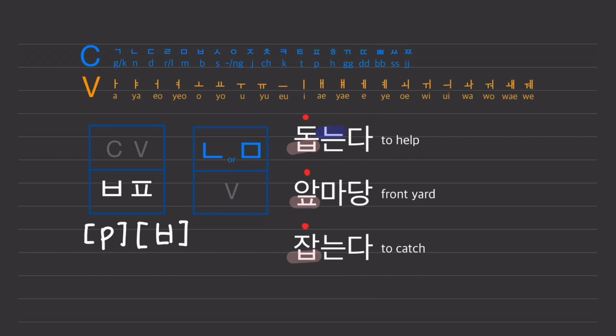And when it's followed by n or m sound, they assimilate to m sound. We read them as 돕는다 instead of 돕는다. 앞마당 instead of 앞마당. 잡는다 instead of 잡는다.